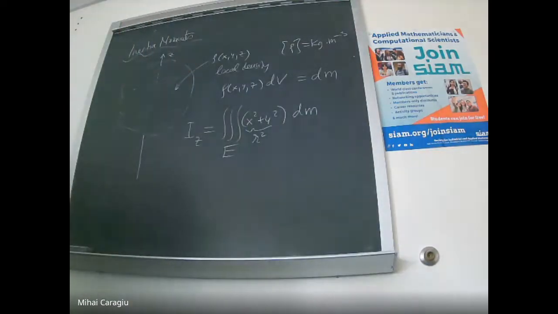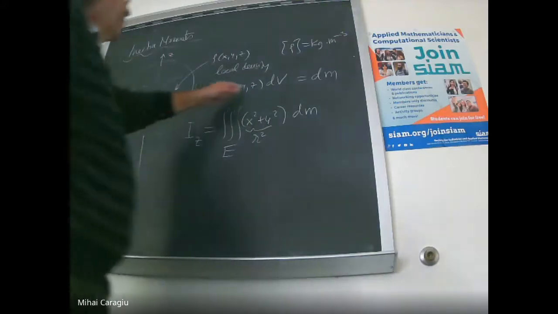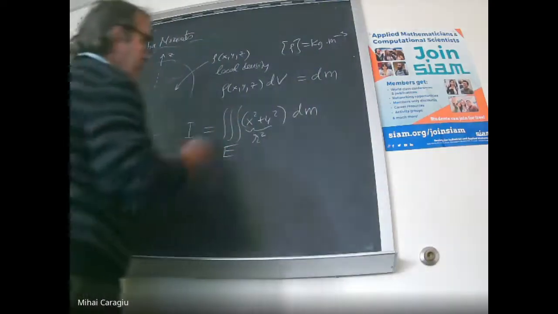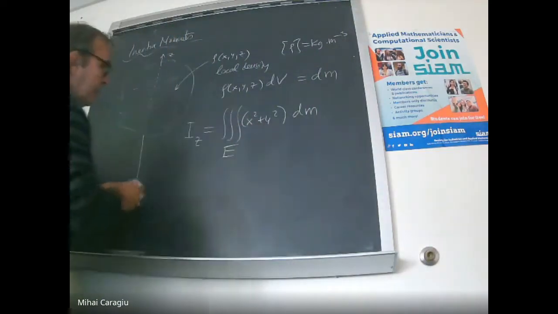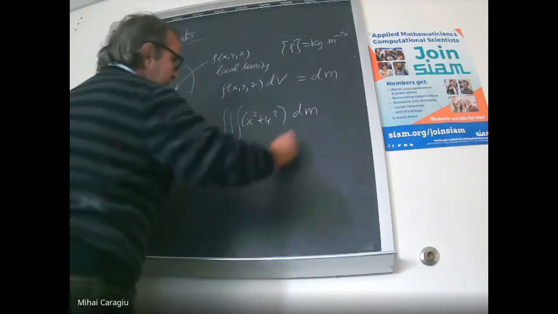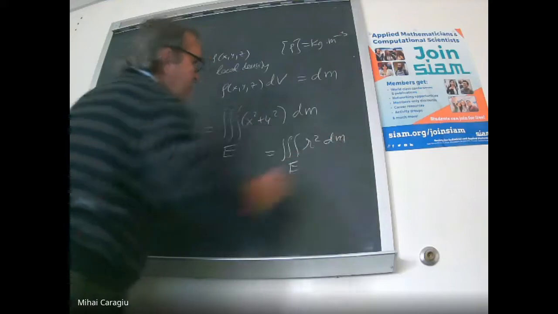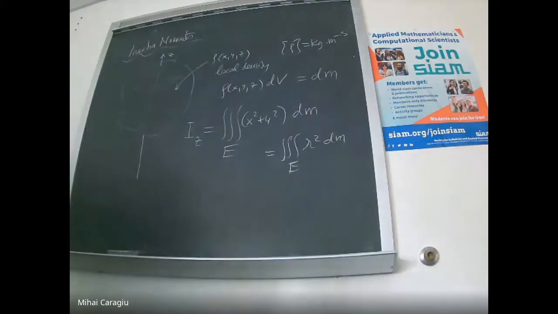That's the definition of the inertia moment of a solid with local density rho of x, y, z, with respect to the z-axis. To simplify further, it is the triple integral over E of r squared dm, where r is one of the cylindrical coordinates.